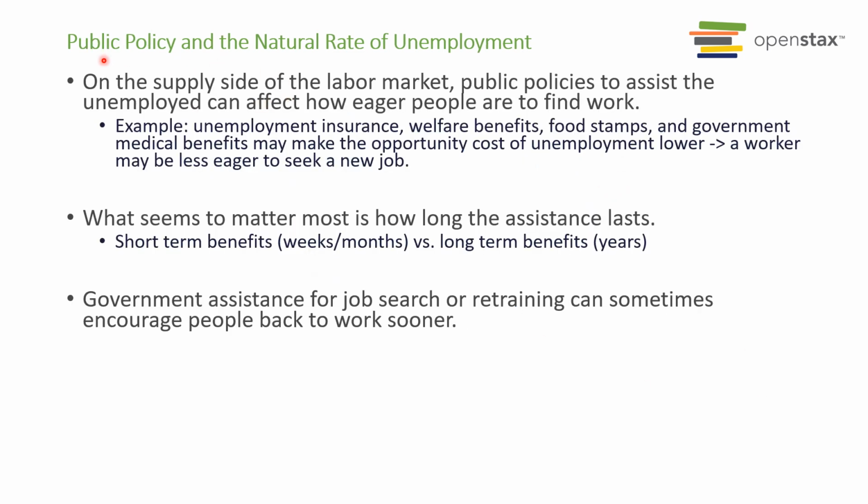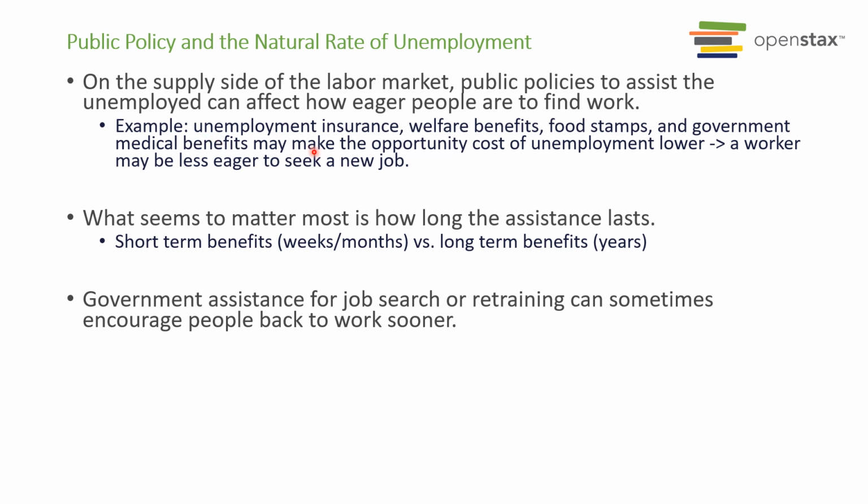Okay, let's talk a little bit about some policy now. So for the supply side, we can implement policies like unemployment insurance or unemployment benefits. We can have welfare, food stamps, other government medical benefits like Medicaid or free healthcare, things like that.